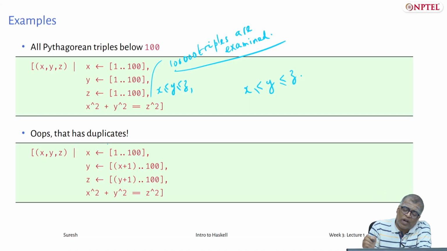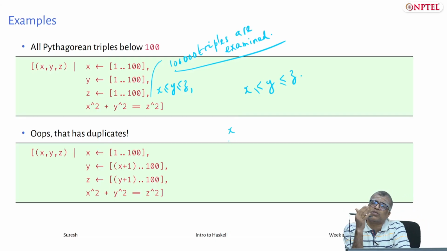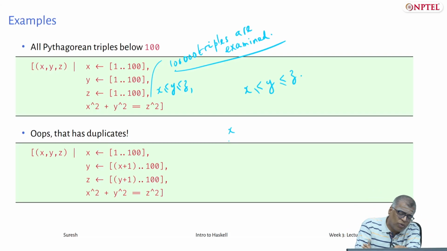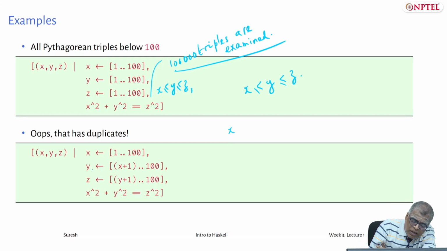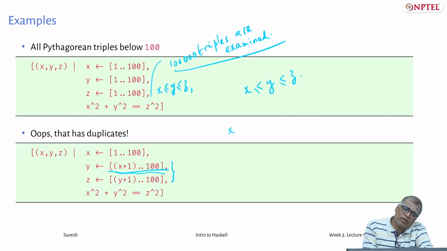So you fix a value of x and you know that I don't even need to look at values of y smaller than x. So y comes from the list x plus 1 to 100. This is the important point. And the values of z come from the list which is all elements from y plus 1 to 100.